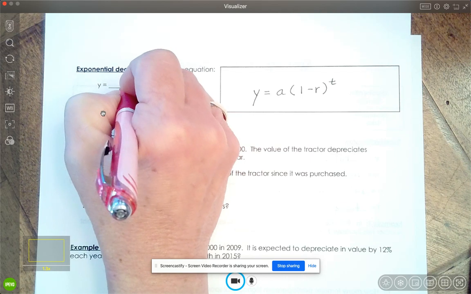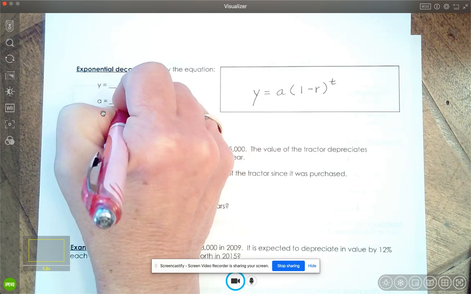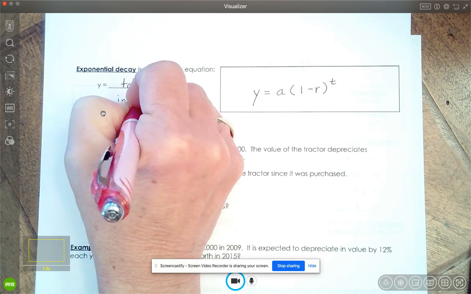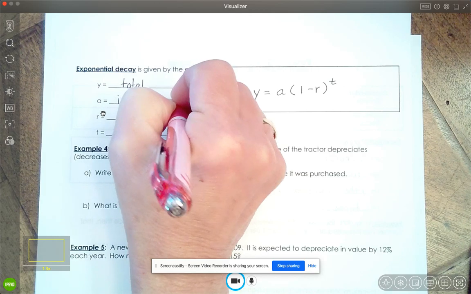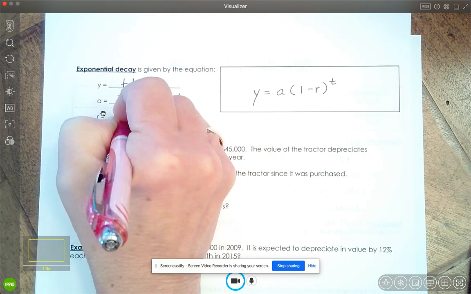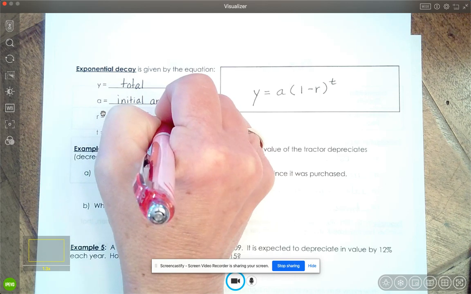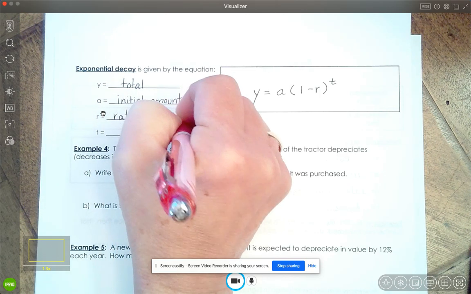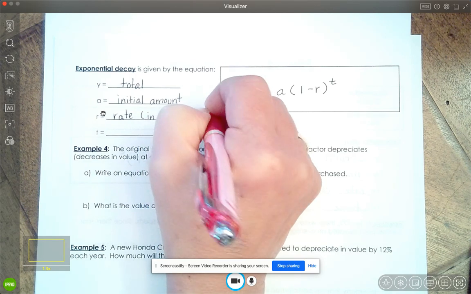So Y is still my total. A is my initial amount. R is my rate, and that will be in decimal form again. If you are not sure how to put something in decimal form, divide it by 100.